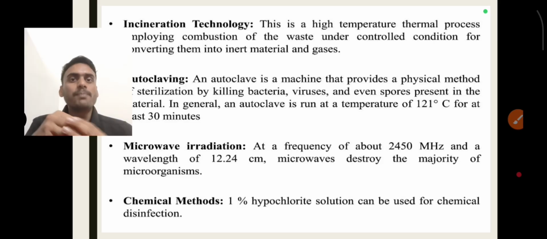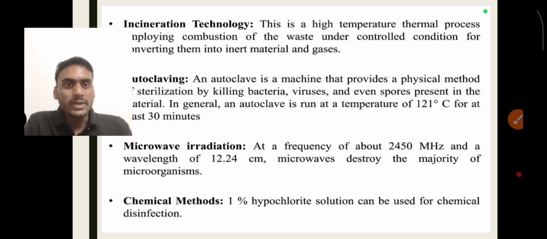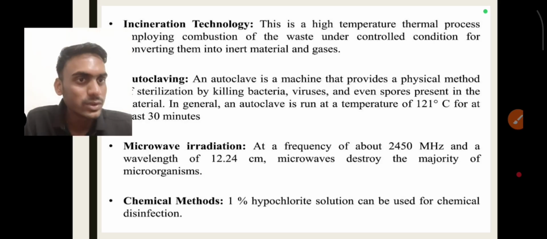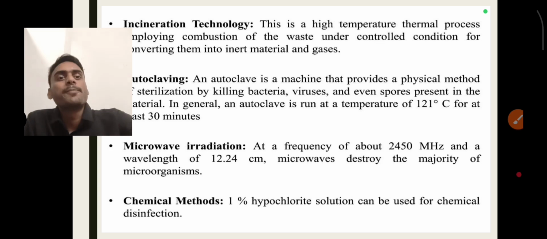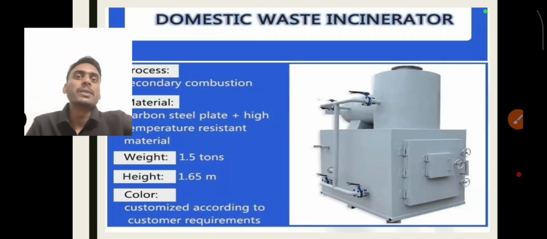This is a very expensive method, I think, to sterilize or destroy microorganisms. Next we continue with chemical methods. For the chemical methods we use chemicals like 1% hypochlorite solution for chemical disinfection. I hope you understand the basic things of methods of biomedical waste disposal.